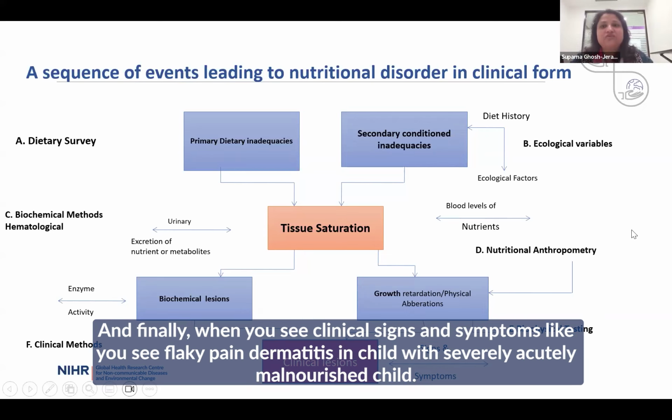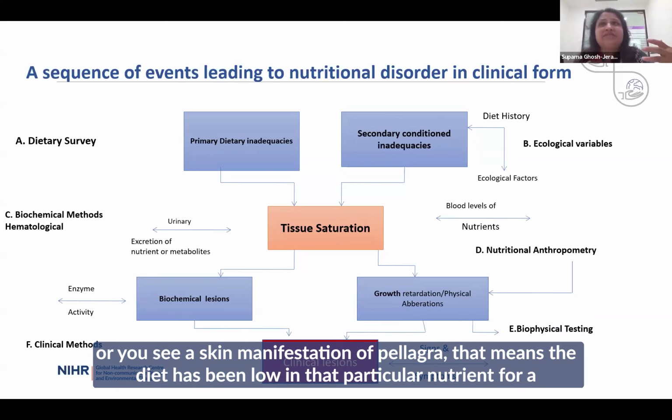And finally, when you see clinical signs and symptoms like flaky paint dermatitis in a severely acutely malnourished child, or you see a skin manifestation of pellagra, that means the diet has been low in that particular nutrient for a considerable period of time.